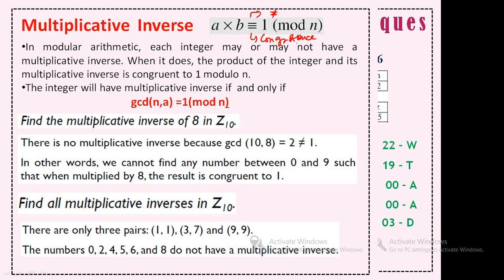What is the meaning of it? What is congruence? Physically, what is the meaning? For example, what will be 12 mod 10?